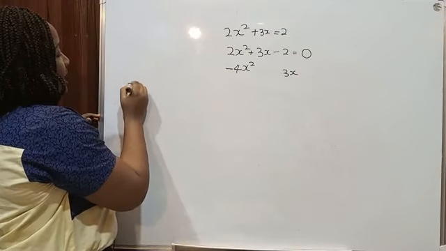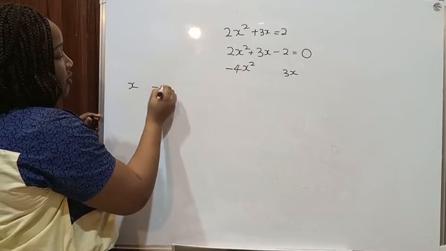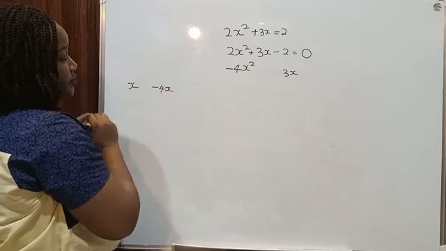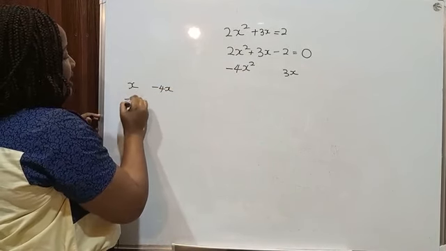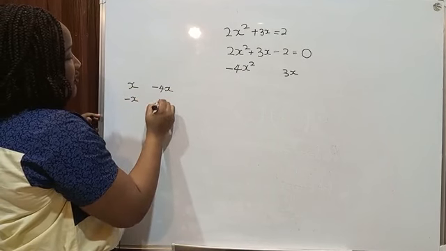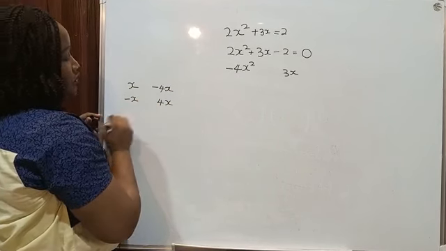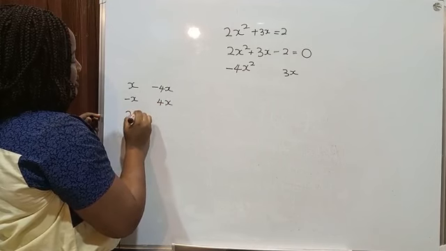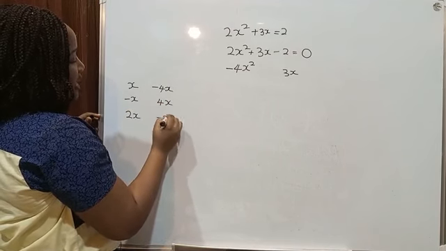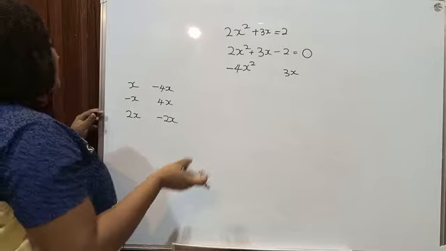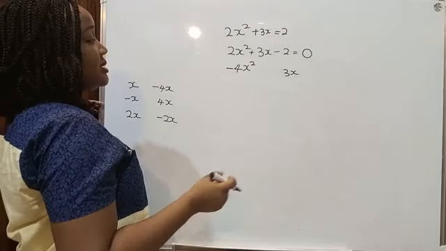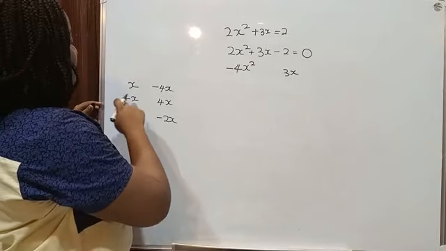We have x and minus 4x. We have minus x and 4x. So you have 2x and minus 2x. And of course, minus 2x and 2x are still the same thing. So let's see which one works for us.